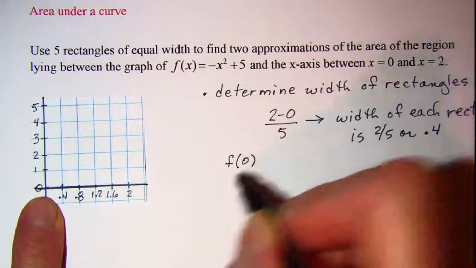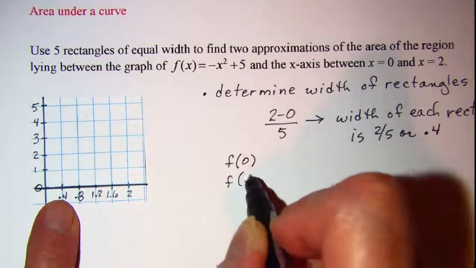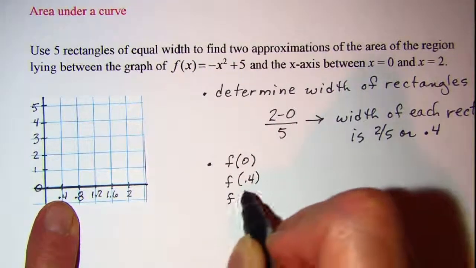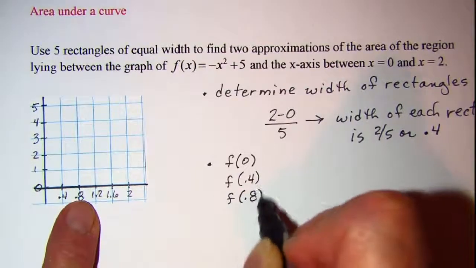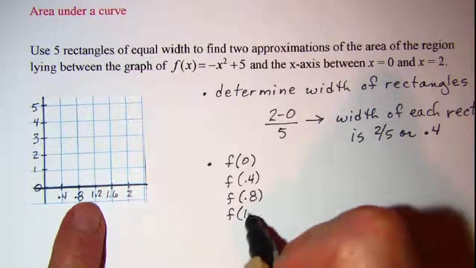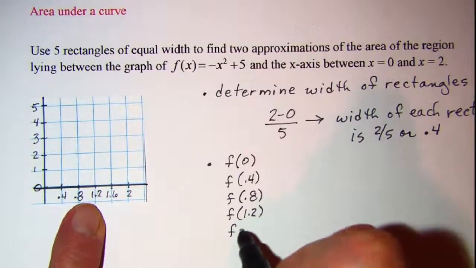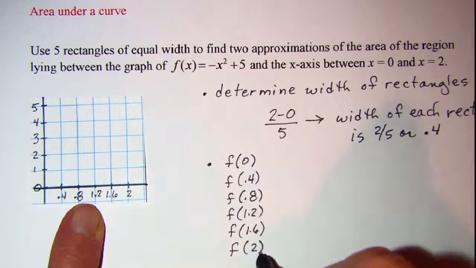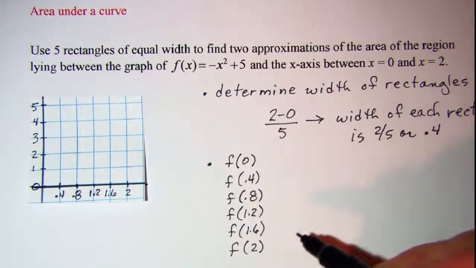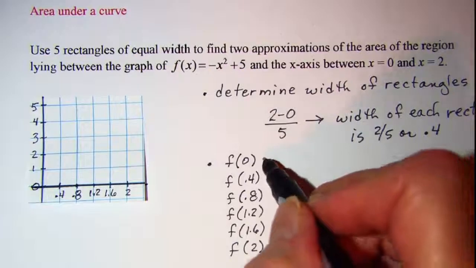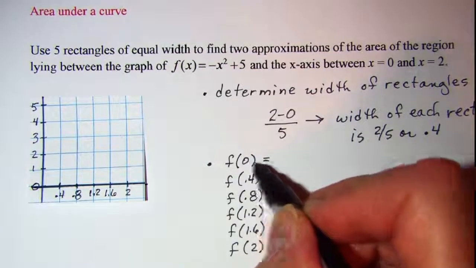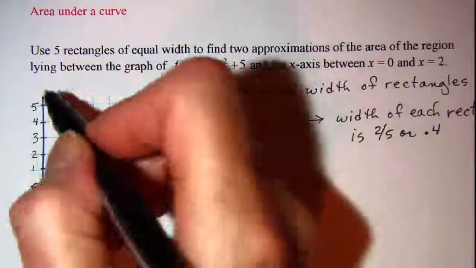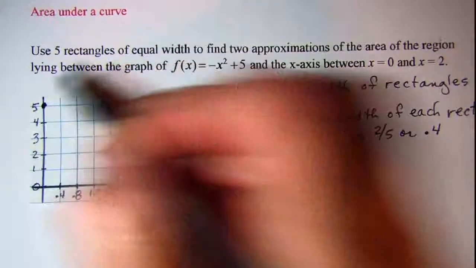So I need f of 0, f of 0.4, f of 0.8, f of 1.2, f of 1.6, and f of 2. So at x equals 0, my y value is 5. And I'm going to go ahead and plot that as we go.